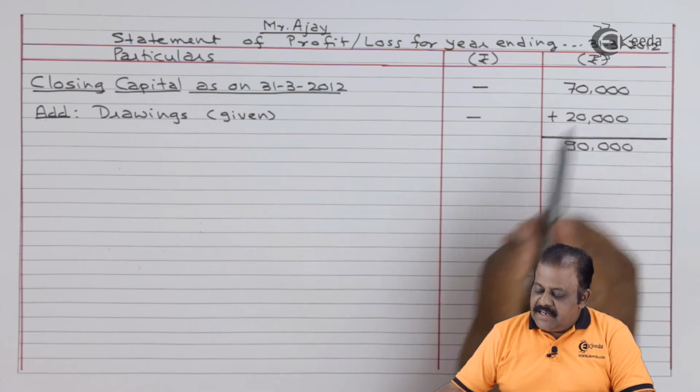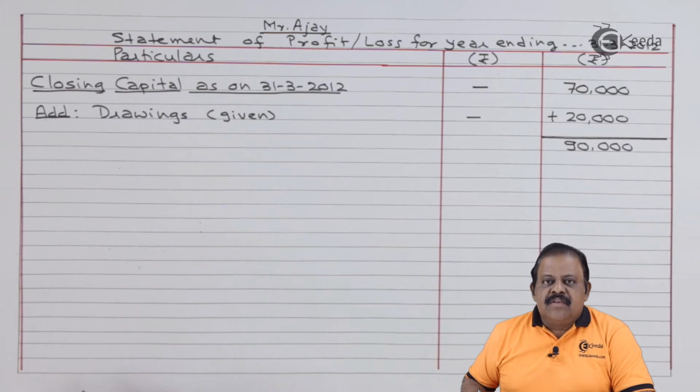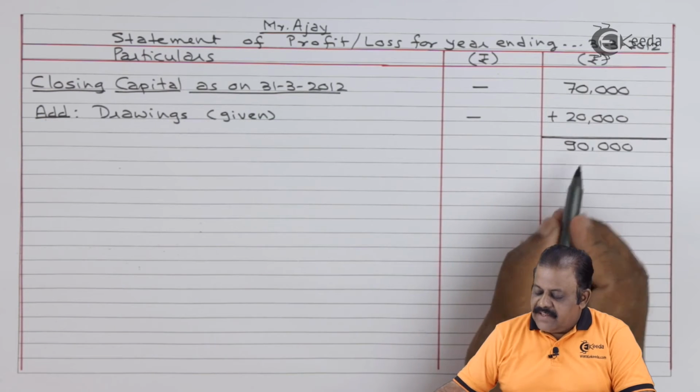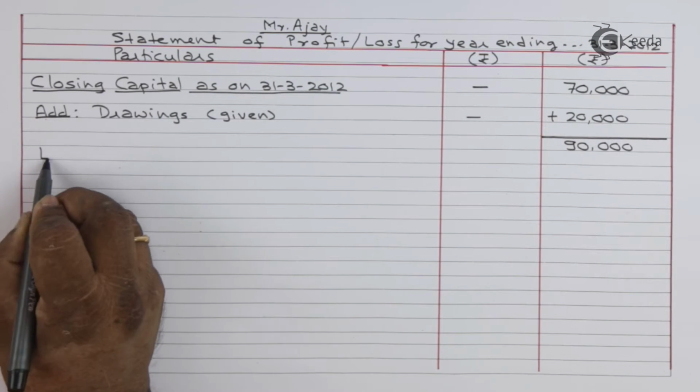Closing capital 70,000 plus drawings 20,000 has become 90,000. Now here we are required to subtract any additional capital introduced by the proprietor during the year.